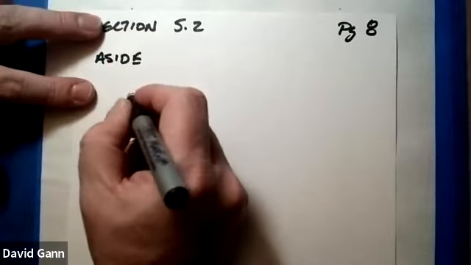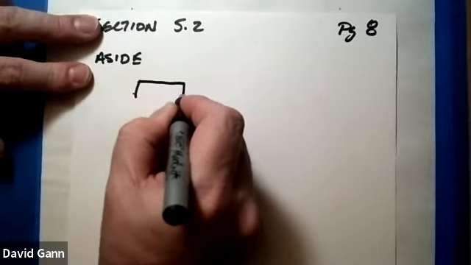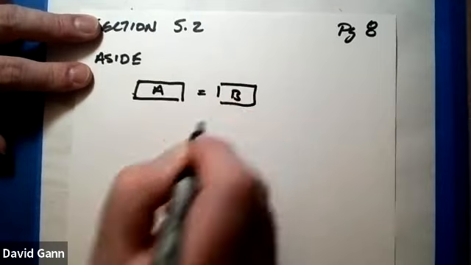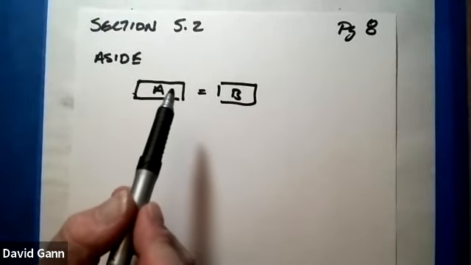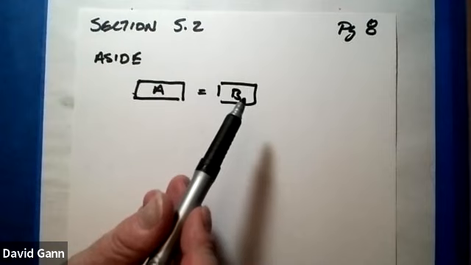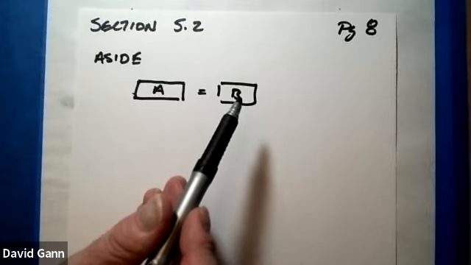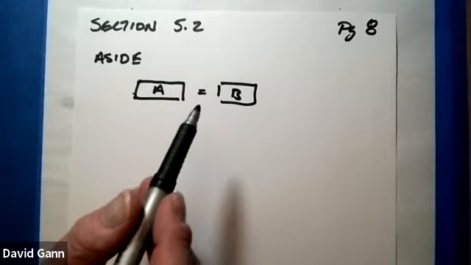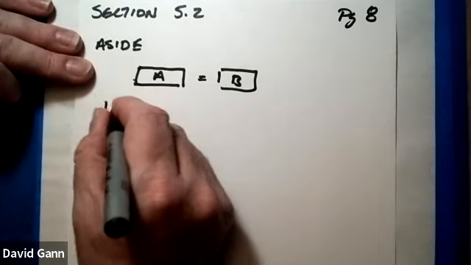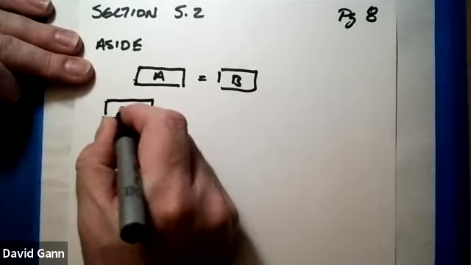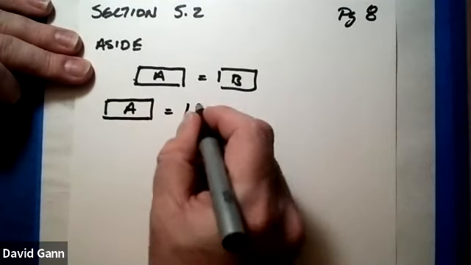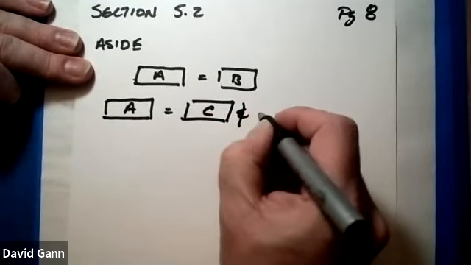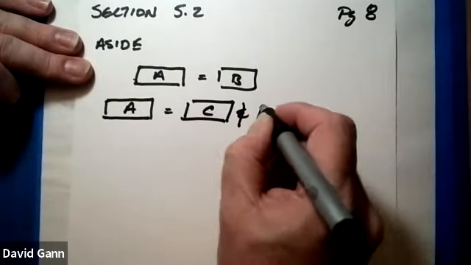If you're wanting to show that statement A must equal statement B, what we've done so far is to start with one and go dink, dink, dink, dink, dink through a series of logical arguments and end up with B. That is logically fine. Alternatively, we could prove two things. We could prove that A is equal to a third statement and B is equal to a third statement.